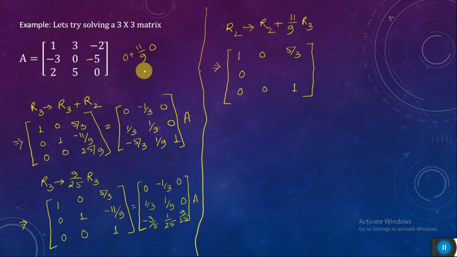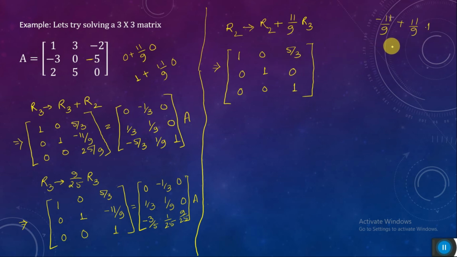Okay, so here row 2 is 1 plus 11 by 9 of row 3 is 0, so it will give me 1 only. Here you can see minus 11 by 9 row 2 plus 11 by 9 into row 3 is 1, so this will become 0.